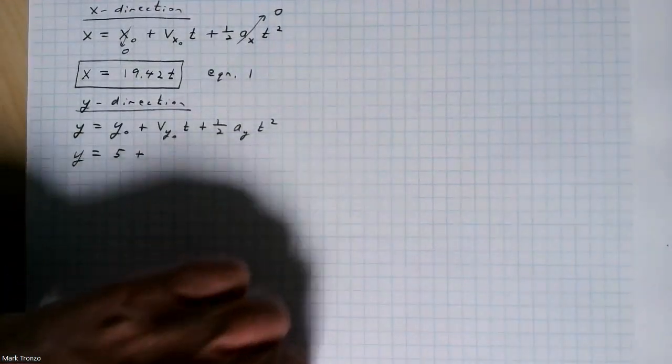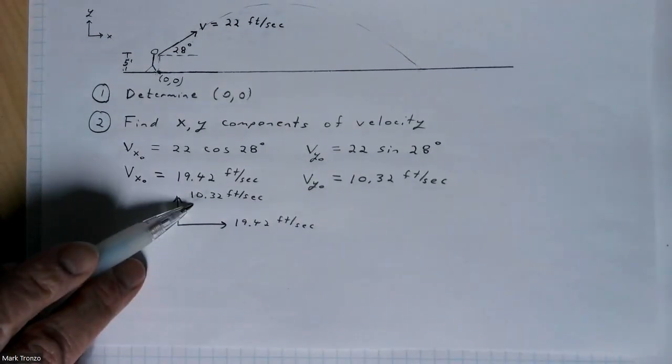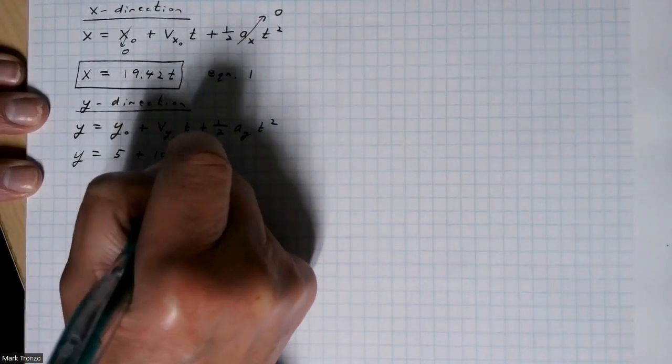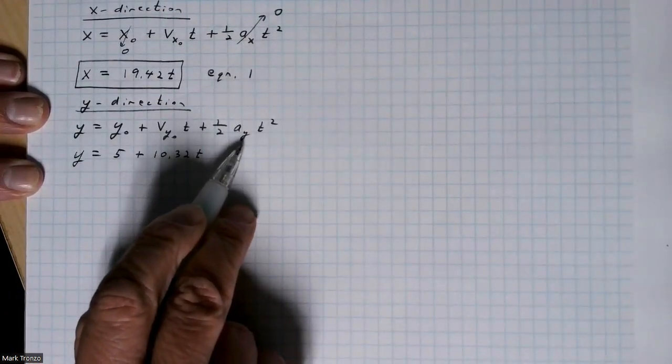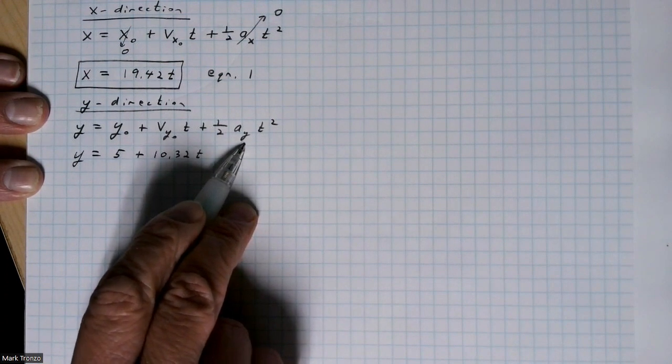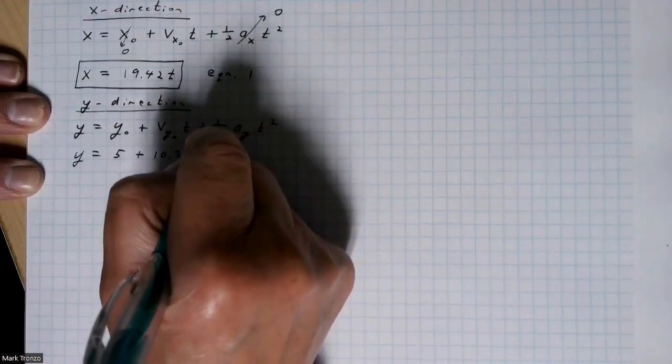The velocity in the y direction is 10.32. And over here, this is the acceleration in the y direction, so that's going to be gravity, so it's negative 32.17.